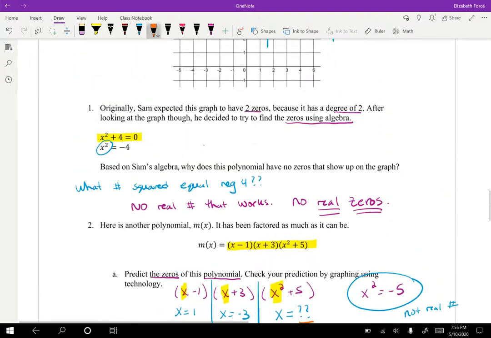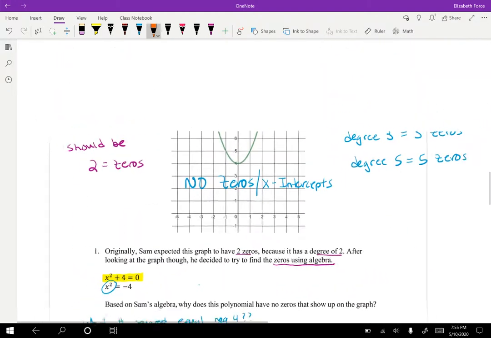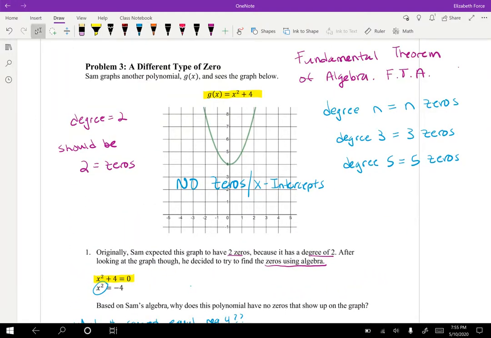If you come back over here, I should have 2 zeros for this g of x. What I have is 0 real zeros, which sounds funny, and 2 complex zeros. So our fundamental theorem still works.